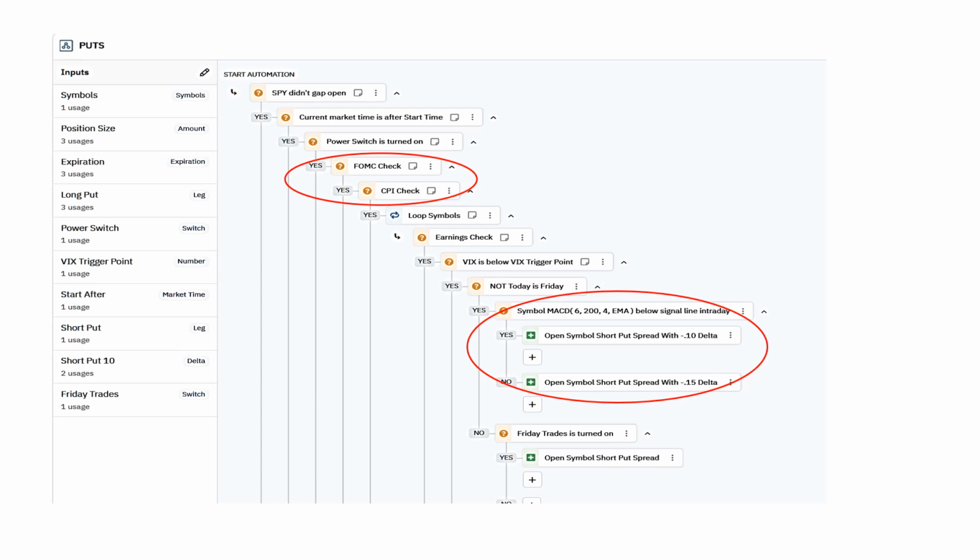If the bot thinks that SPY is moving down, it moves the put spread farther away from the current price by picking the 0.10 delta. If it thinks SPY is moving up, it sets the delta at 0.15, thinking that it can capture more profit there while the underlying price moves away from its strike price.